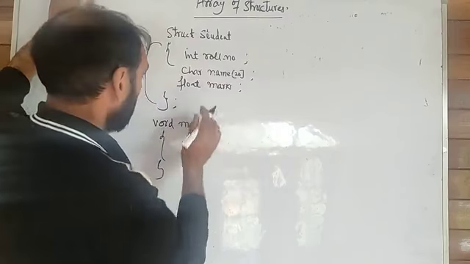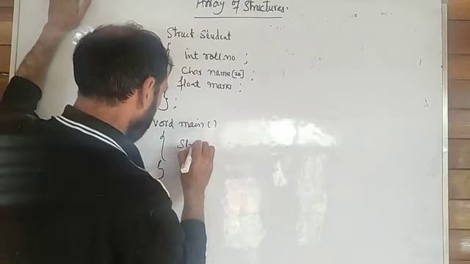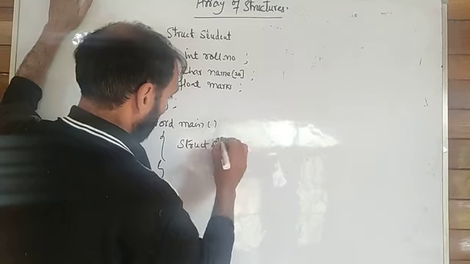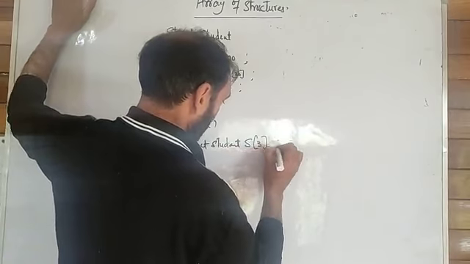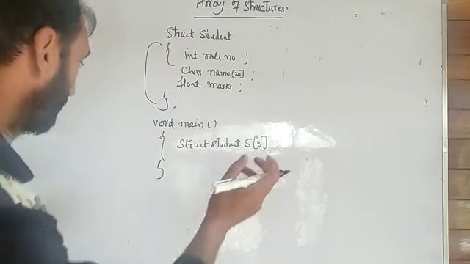We declare a variable. For example, what type of variable is struct student? Struct student S, with the name of the variable S of 3. For example, I want to store the information of 3 students.